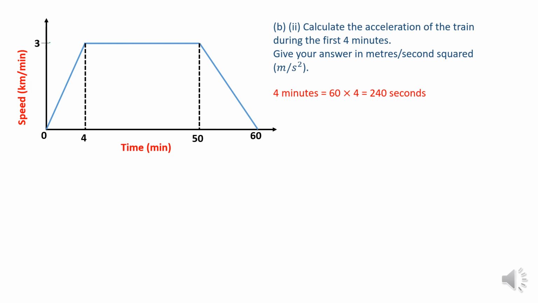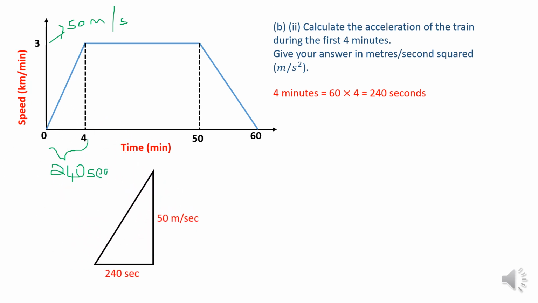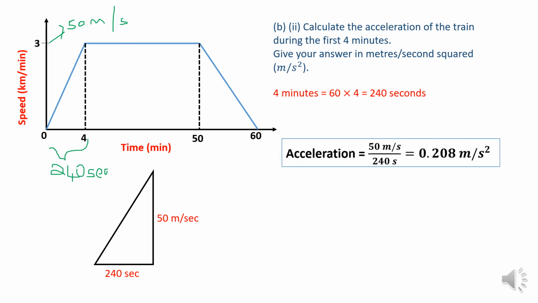So this here represents 240 seconds. So we can then calculate it. I brought it in terms of a triangle here, so you can see we're looking for this particular gradient. The acceleration is the gradient, which is vertical distance divided by horizontal distance. Obviously that gives you 0.208333 and so on, but you can write it to 3 significant figures.